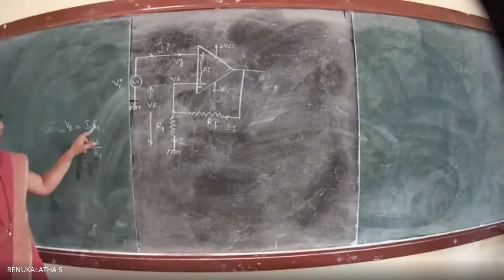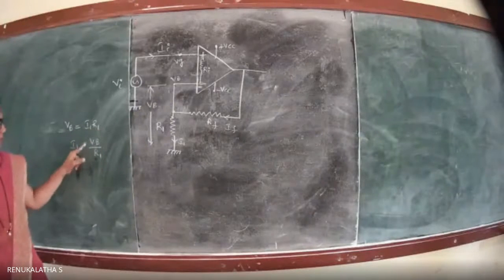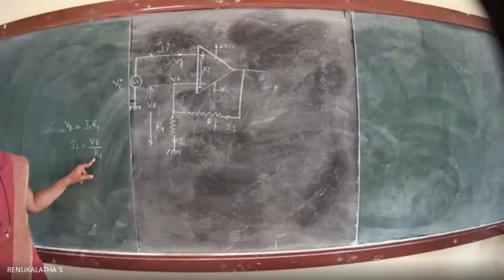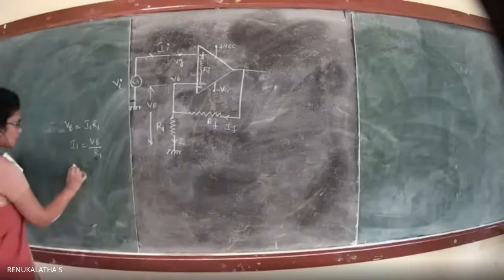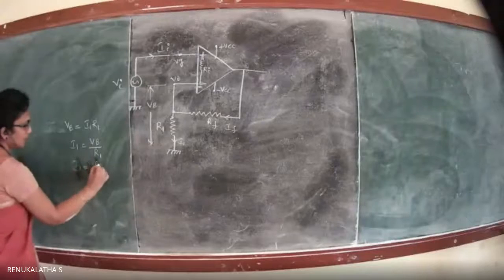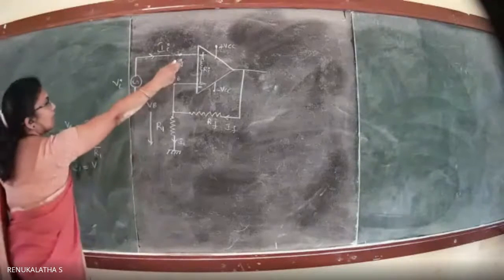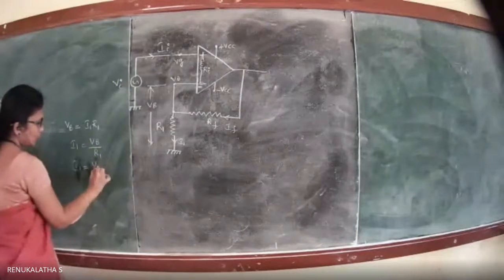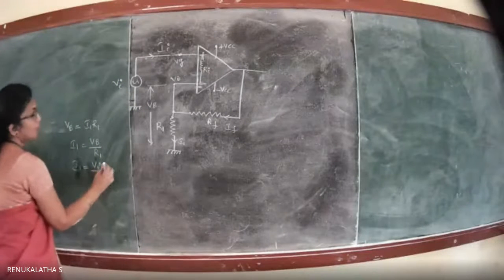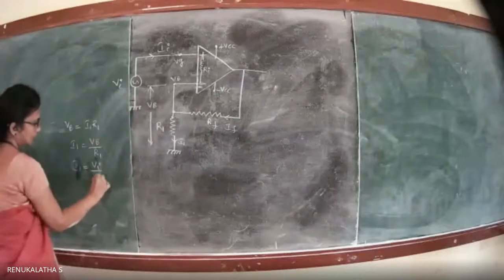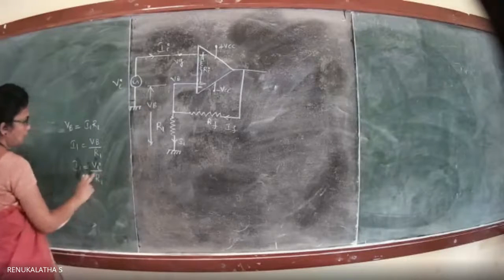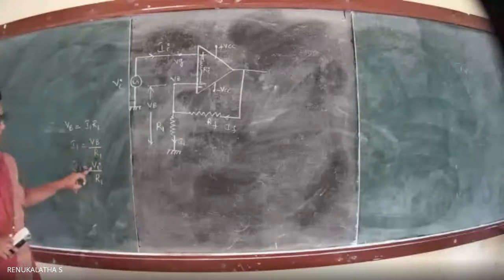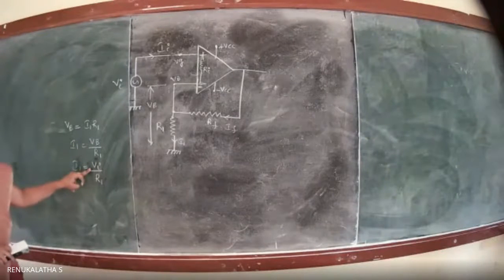So VB is equal to I1 into R1, or I1 is equal to VB divided by R1, or I1 is also equal to, I can write this as VG, or VG same as VI, so it is equal to VI divided by R1.